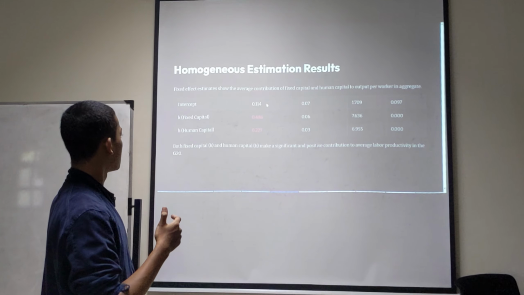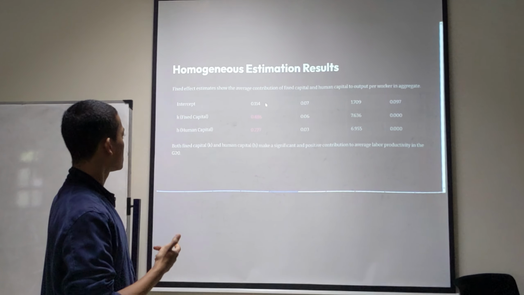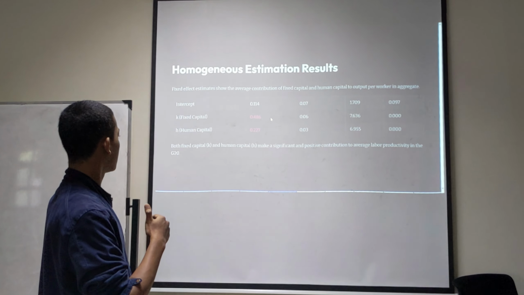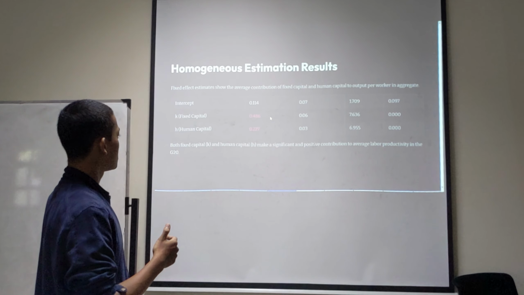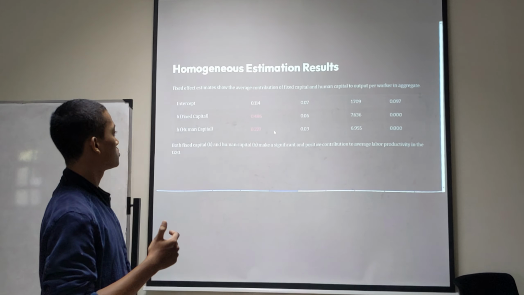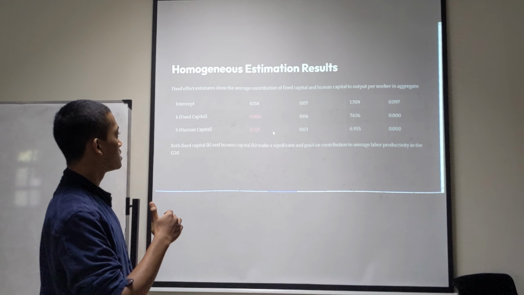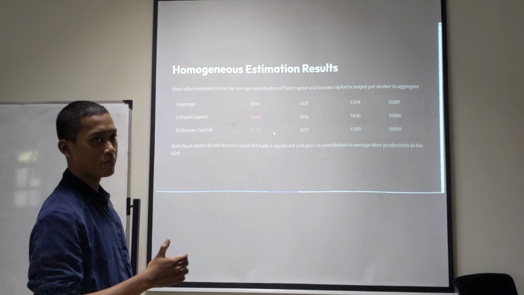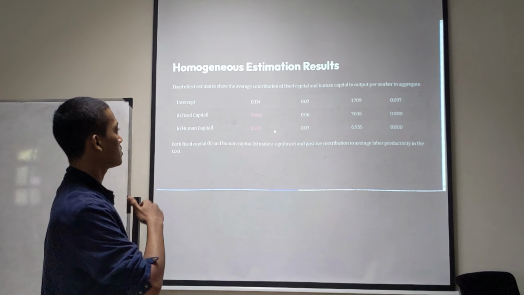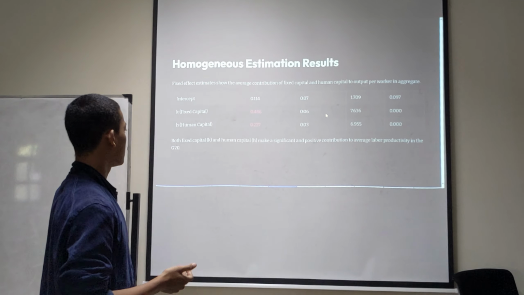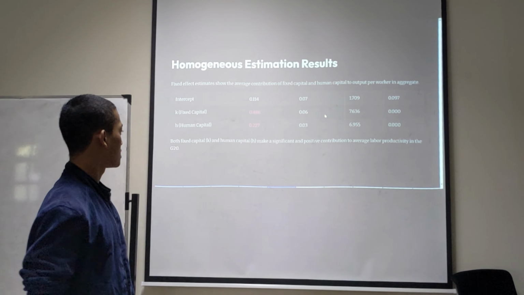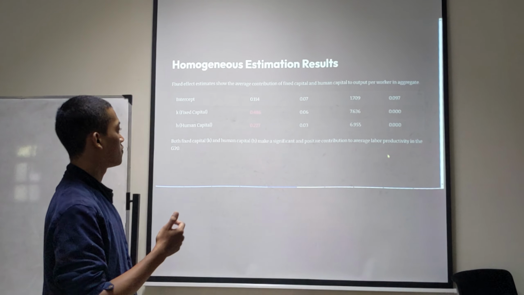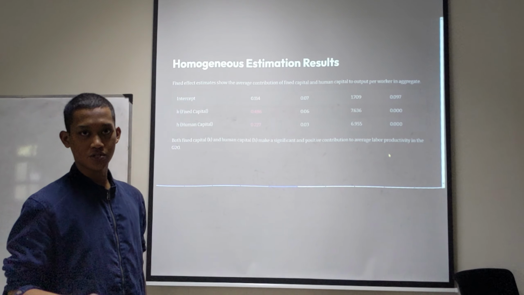The fixed capital or physical capital productivity is 0.485, and the human capital productivity is about 0.227. All these empirical results are significant at 5%, except the intercept, which is significant at 10%. So both fixed capital and human capital make a significant and positive contribution to average labor productivity in the G20.